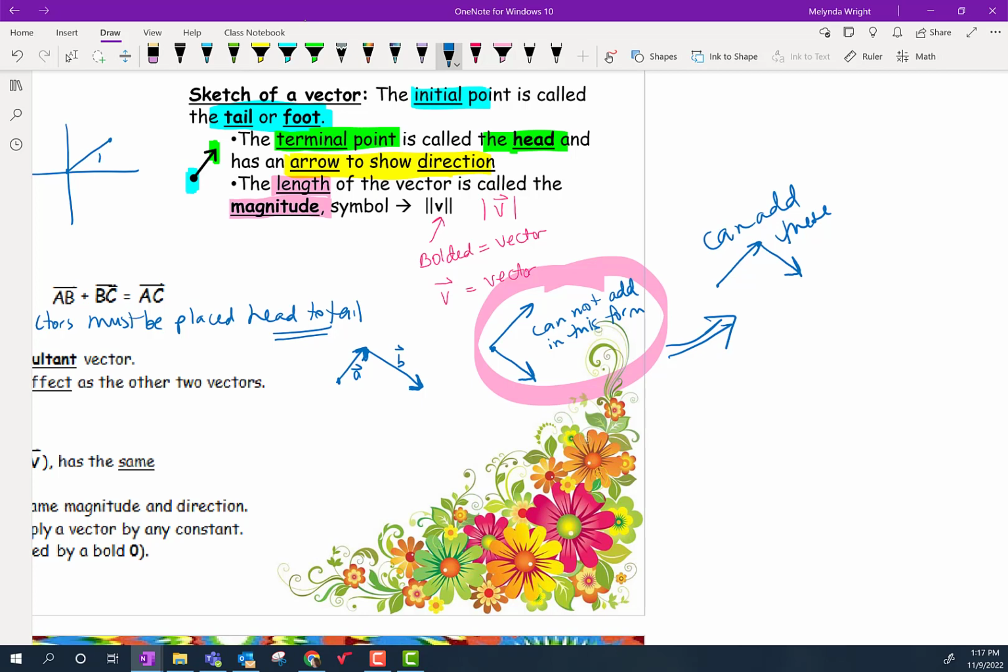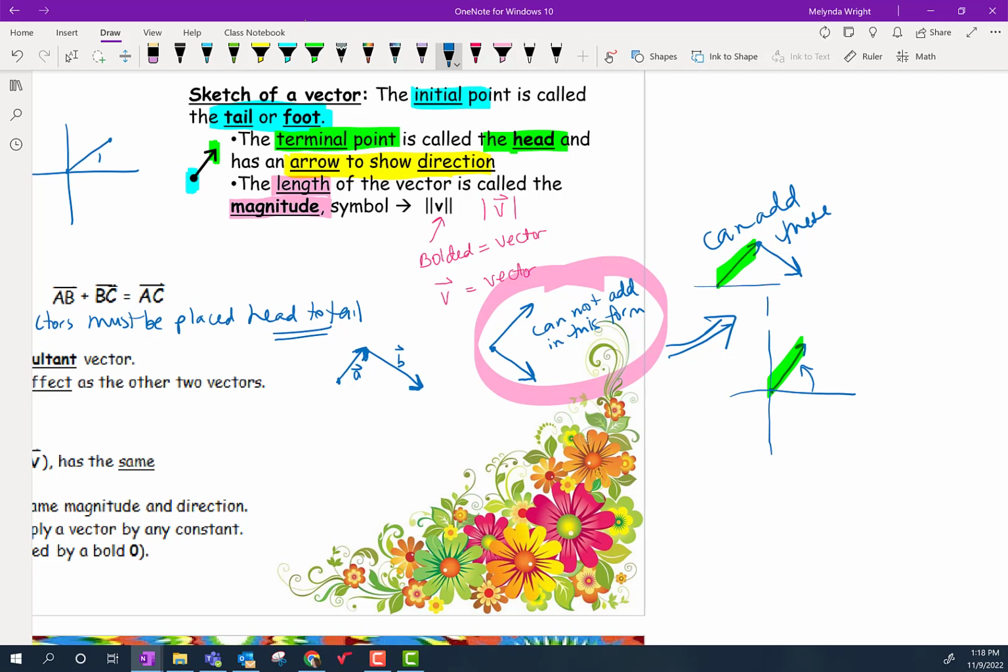Okay, does anybody have any questions about that? Yes? How does that not change the direction? So if we just focus on this piece of this vector right here, what the direction means is, as we are thinking about this angle measure, the direction is actually an angle measure.